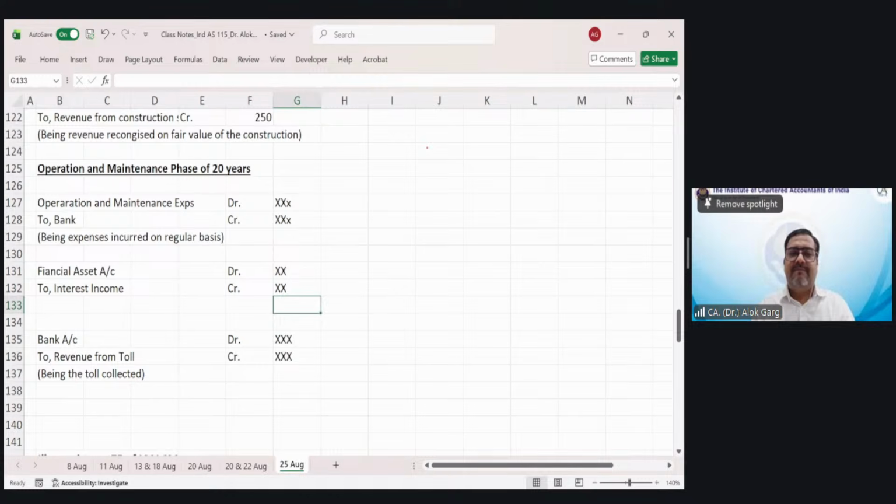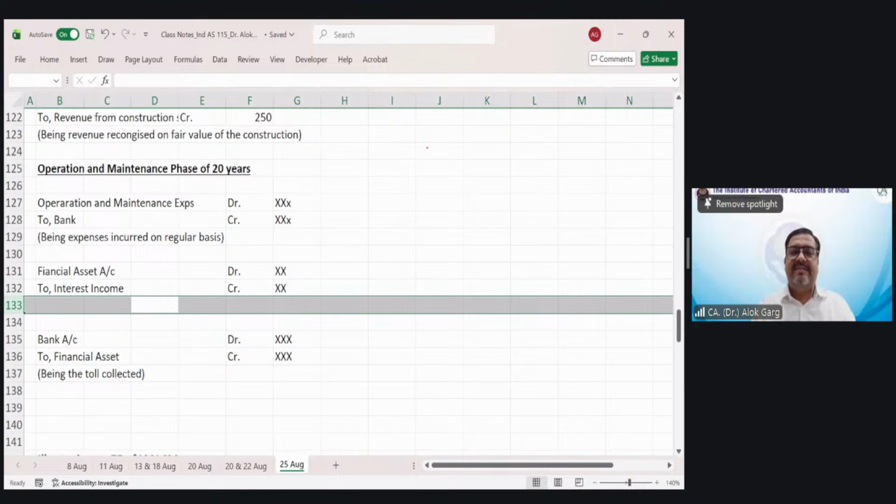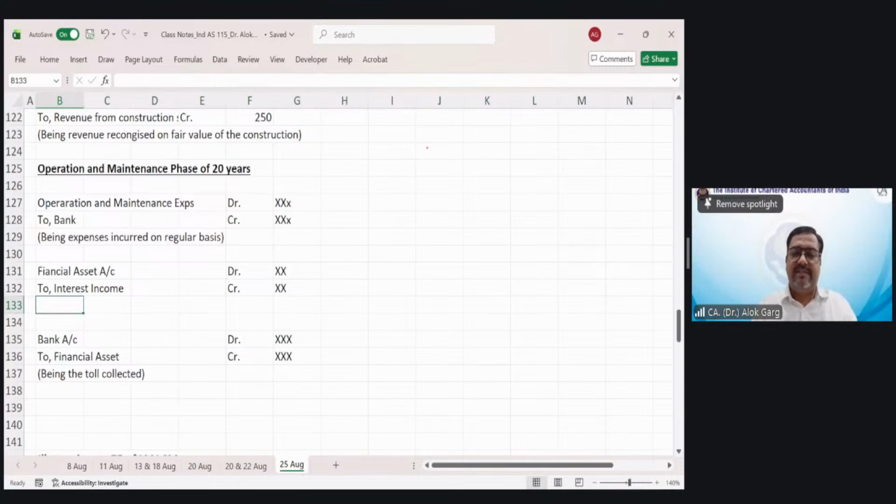And then bank account debit to financial asset. This is how this financial asset will become zero. So on the financial asset, your interest income is going to be recognized.